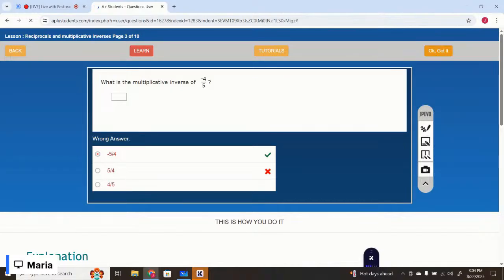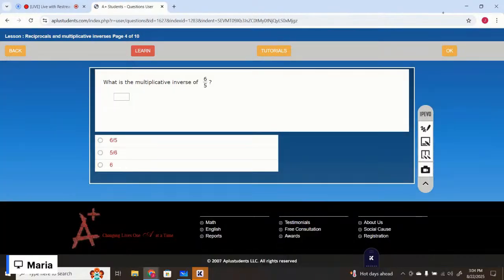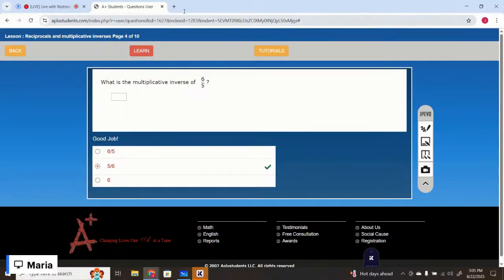Sorry. Option 1 is the correct option. What is the multiplicative inverse of 6 by 5? That is 5 by 6. Option number 2 is the correct option.